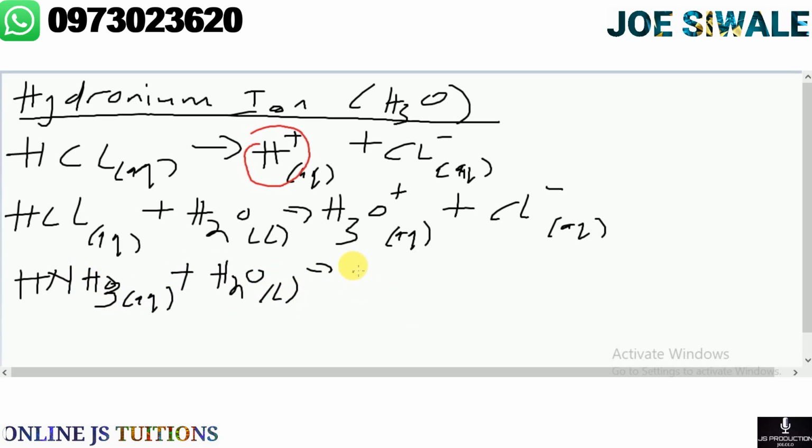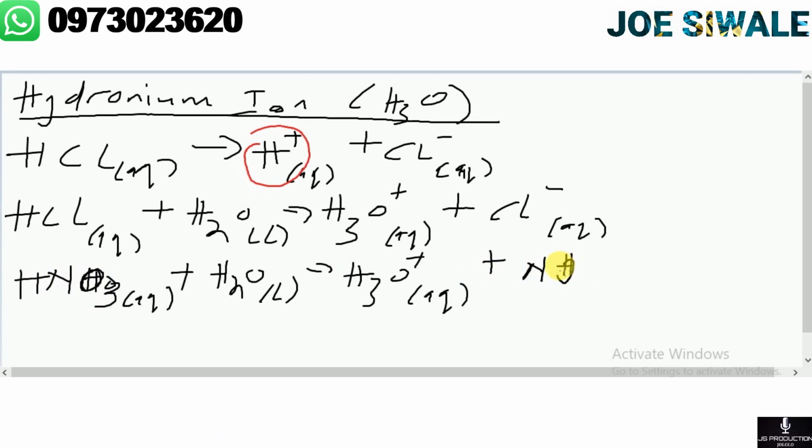The hydrogen ion that was formed will quickly combine with the water molecules to form a hydronium ion, which is positively charged, plus a nitrate ion. Sorry, this was supposed to be HNO3, so we have NO3 negative here, which is in aqueous form.